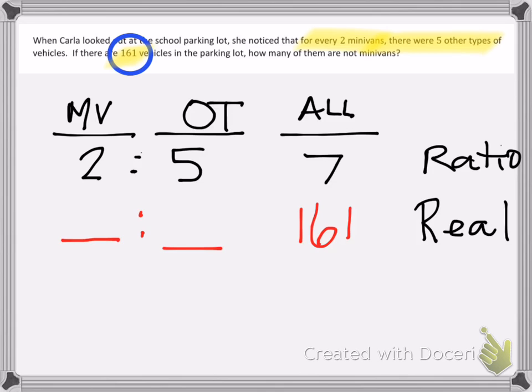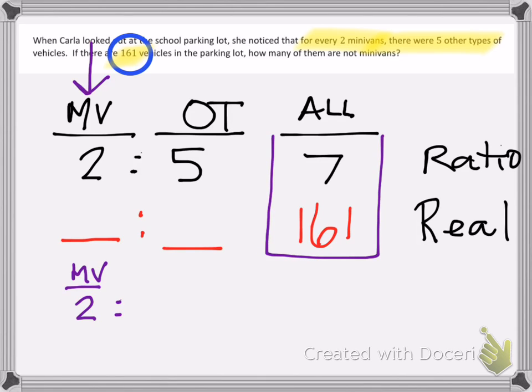And I'm going to try to find the minivans first. So I'm going to use my minivan number. My minivan number is going to be a 2. And I'm going to compare it to all vehicles because on the all vehicles side, I know both of these numbers. So I need to use that in my ratio.